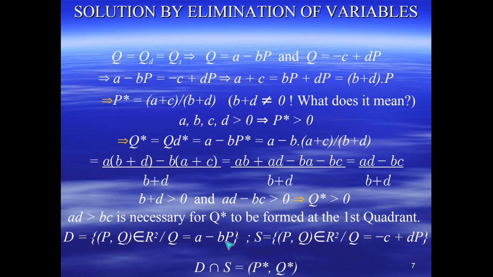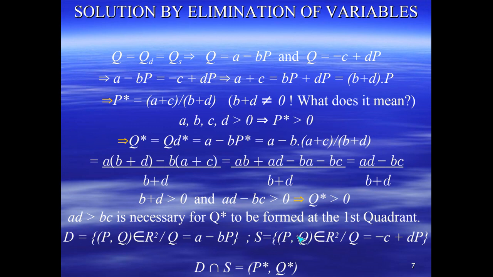Another way of representing the solution, the equilibrium, is this. We can represent the equations by sets. D, the set D, is the set of PQ pairs, both elements of R square, real numbers by real numbers. That means both P and Q should be real, so that Q equals A minus BP. You see, we can also represent this equation by a set. And what is the supply?